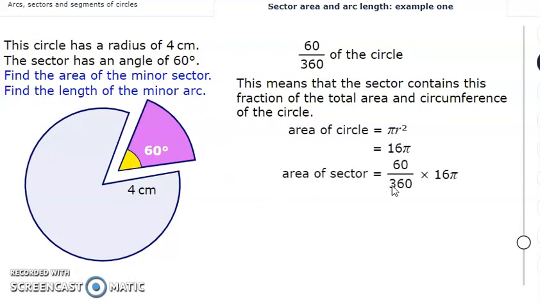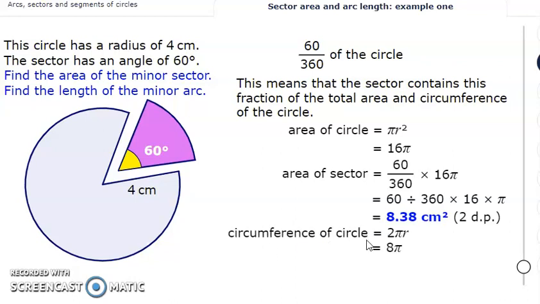So area of sector would be 60 by 360, the fractional part, times 16 pi, which gives us 60 divided by 360 times 16 times pi, which finally in decimal gives us 8.38 centimeters square.